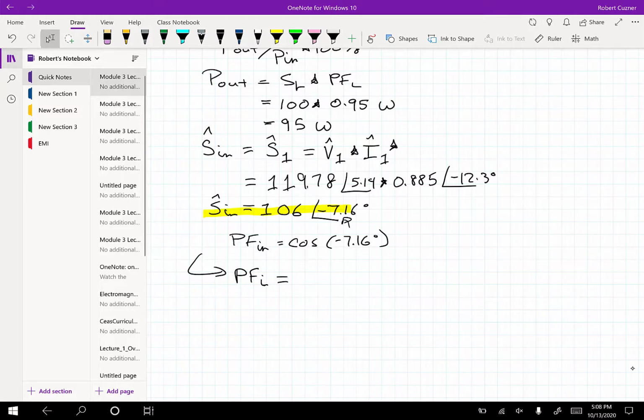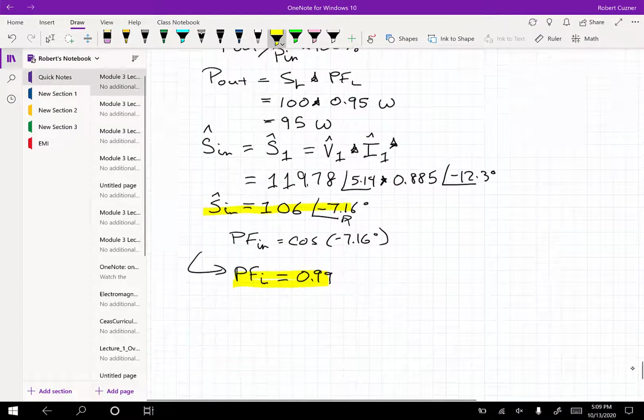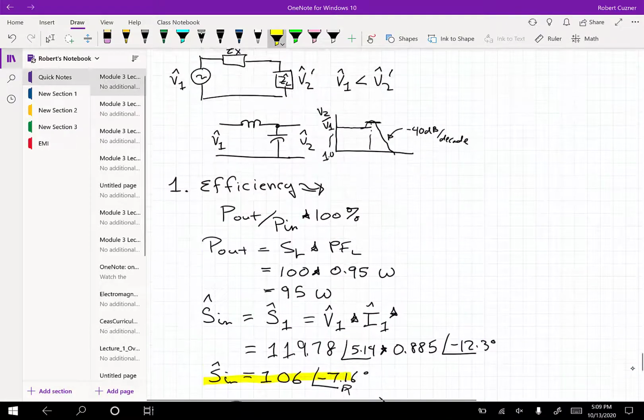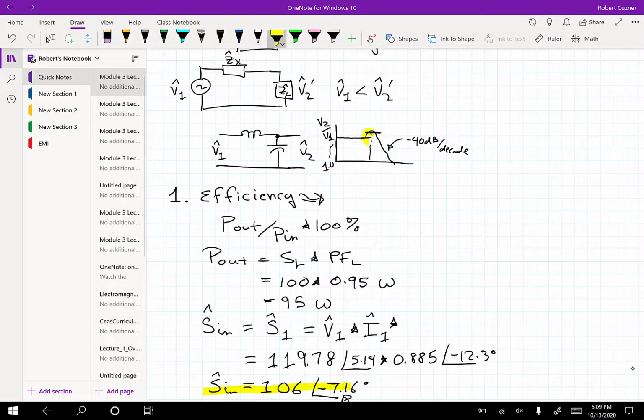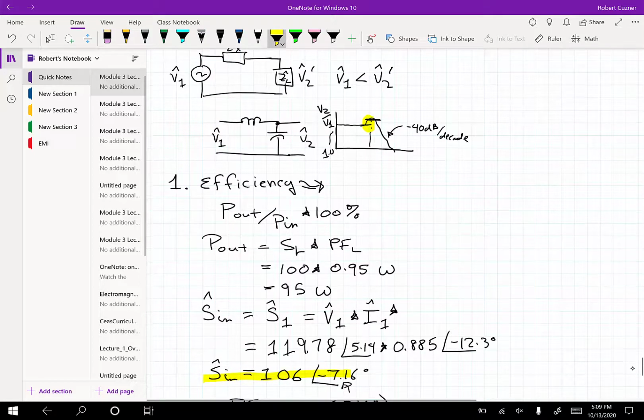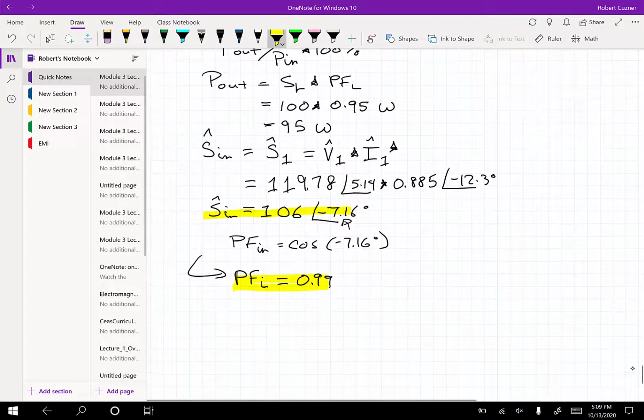The input power factor is 0.99. So it's almost unity. The transformer has almost compensated for the leading load, which really does tell me that this gain is probably happening here.